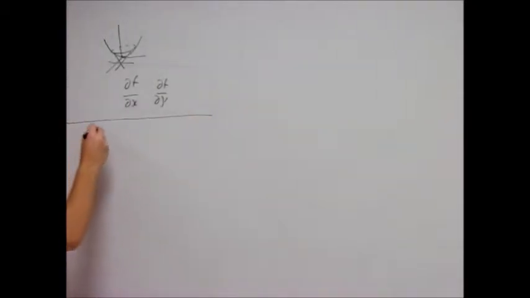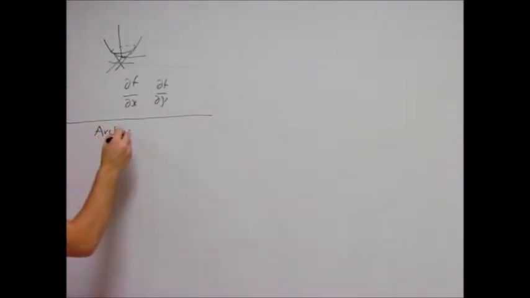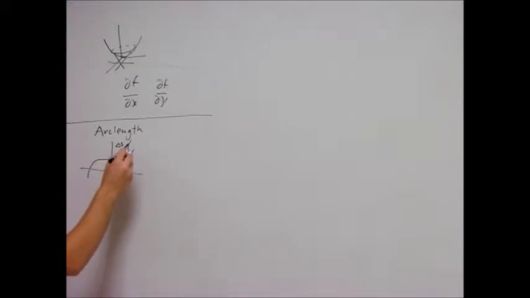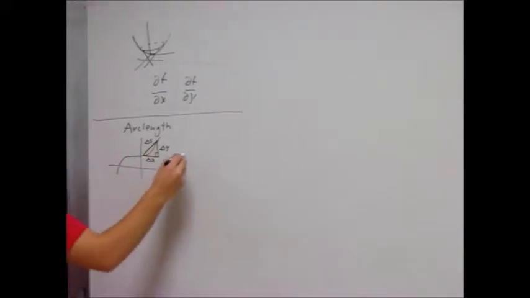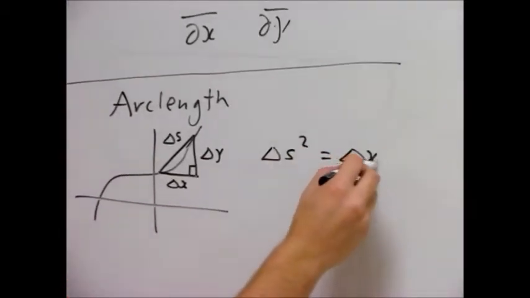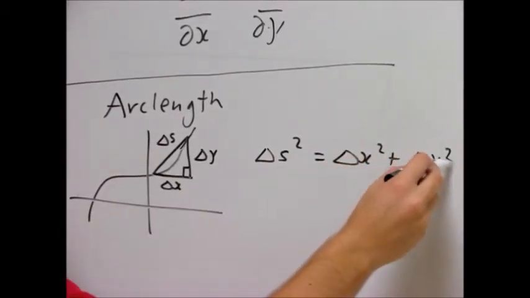Before we do that, I just want to have a small review of arc length. The arc length of a curve in the xy plane, as you may remember, can be approximated by a right triangle. And the Pythagorean theorem says delta s squared will be delta x squared plus delta y squared.